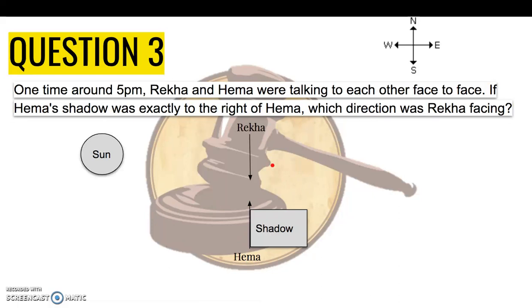Now on the face of it, this question seems relatively simple, but small details like this 5 p.m. time could be overlooked and misunderstood as maybe 5 a.m., and then a person would assume that the sun is rising in the east, which could totally change the answer. So this question was also to teach you that silly mistakes are very common.